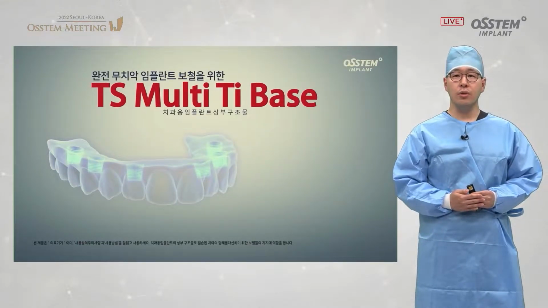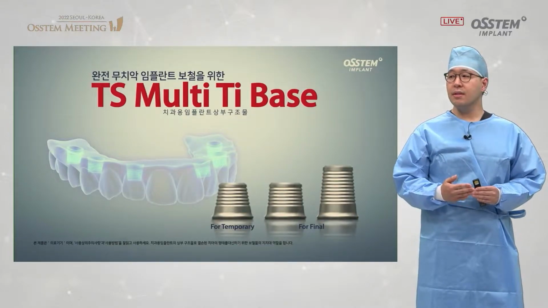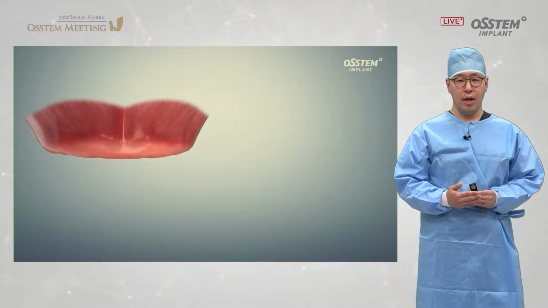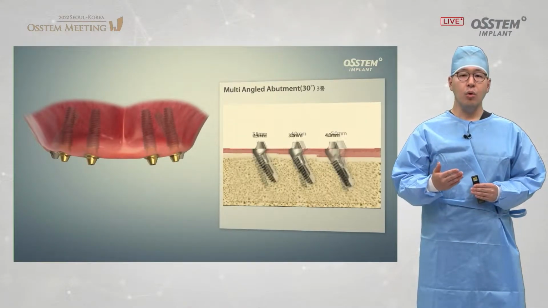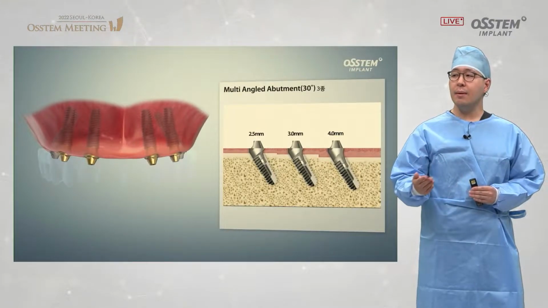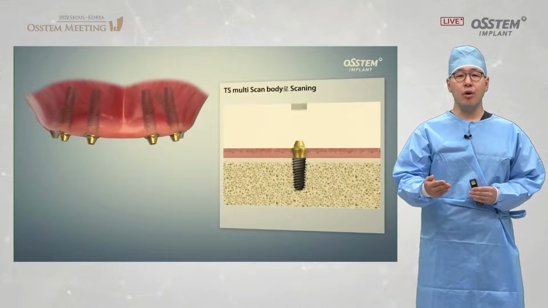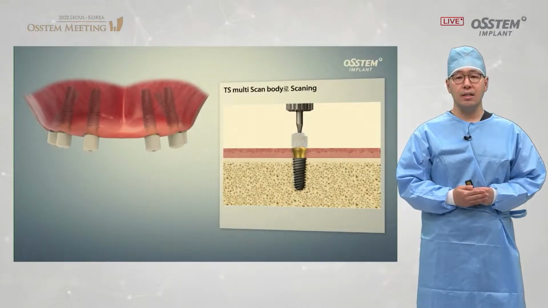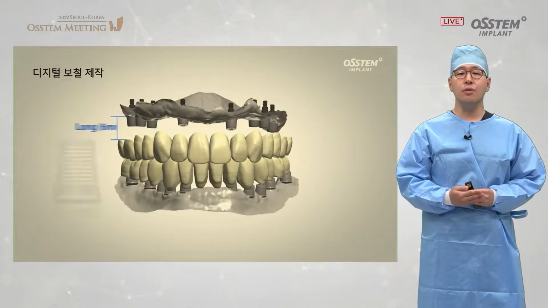So that is possible because of Osstem multi-tie base. The tie base uses the library. So over the multi-abutments or multi-angled abutments can be connected, and temporary prosthesis can be designed and milled.